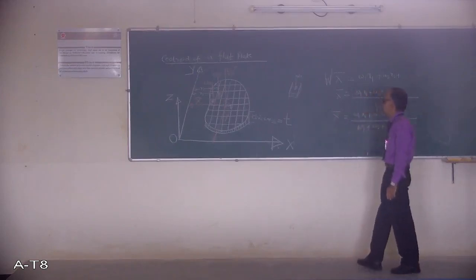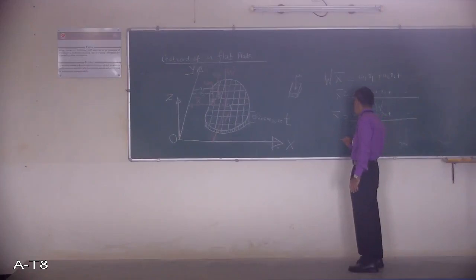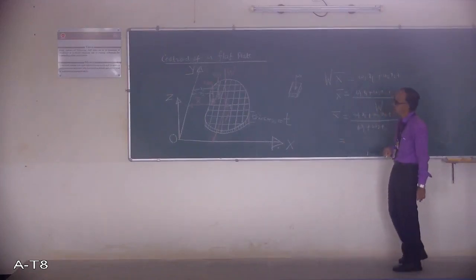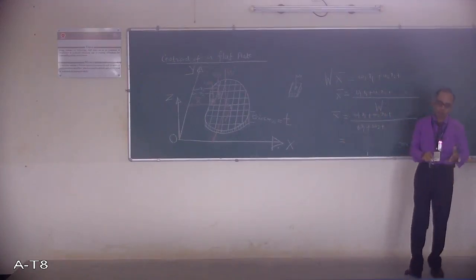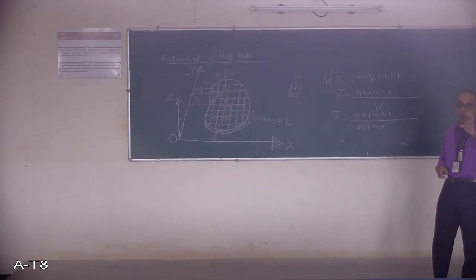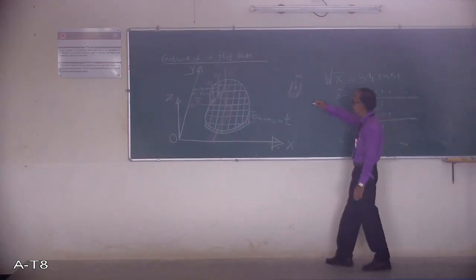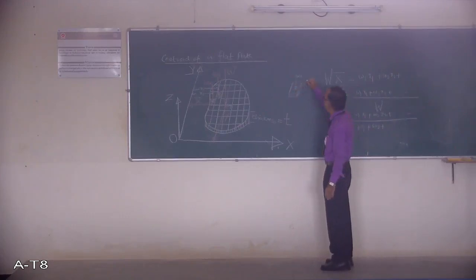Similarly, you will get an equation for y bar. Now one more point: when I come to the problems, we assume the density of the material as rho, and the thickness is already given, T. After solving, take the small area as A1, and W2 corresponds to A2, like that.